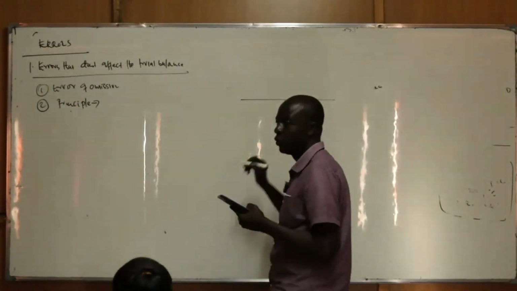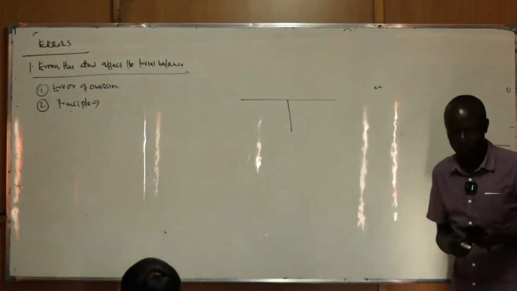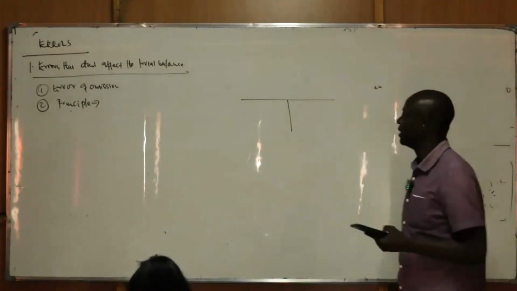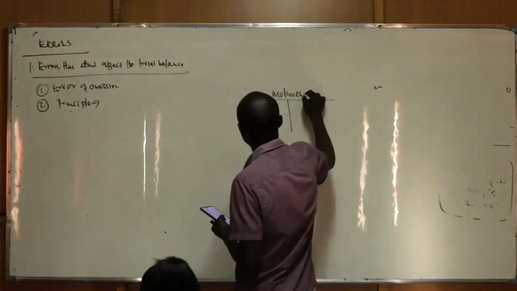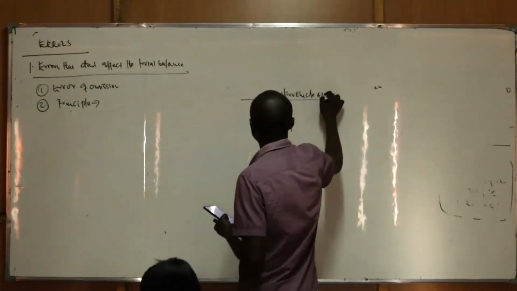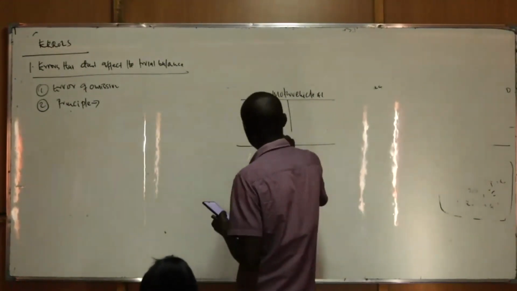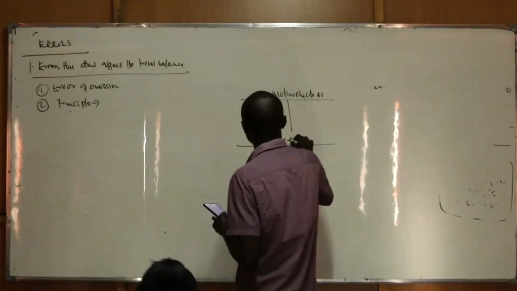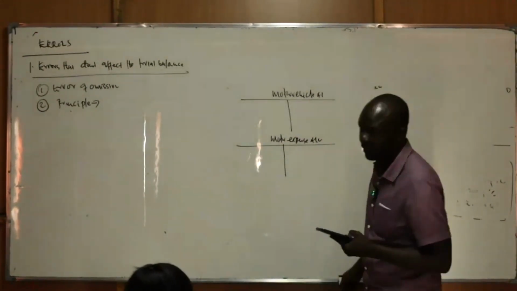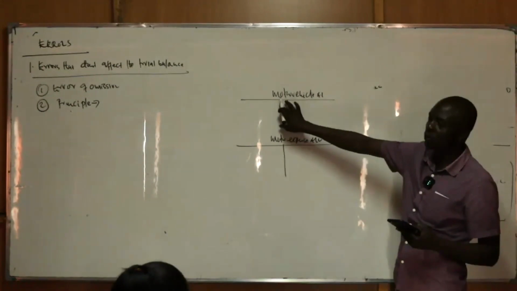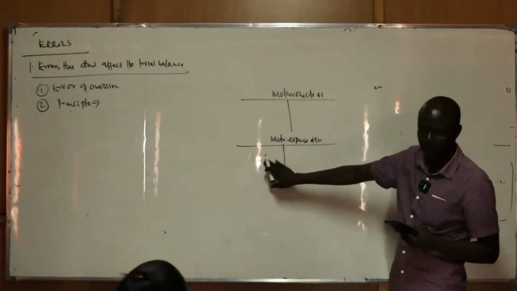For example, you purchase a motor vehicle. A motor vehicle is an asset. Here we have motor vehicle account, and then we have motor expense account. Instead of debiting motor vehicle, you debit motor expense.